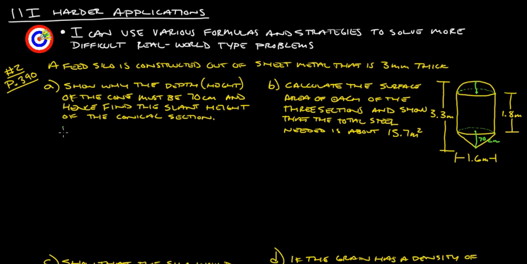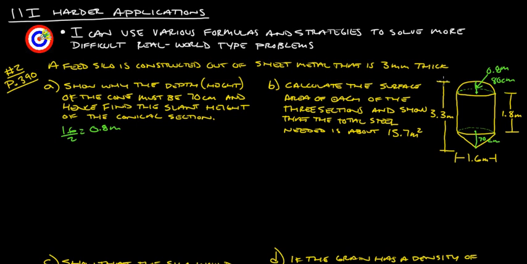So we take 1.6 and divide it by 2, which gives us 0.8 meters. If we move the decimal over twice, that turns it into 80 centimeters. Let's stick with 0.8 for now.